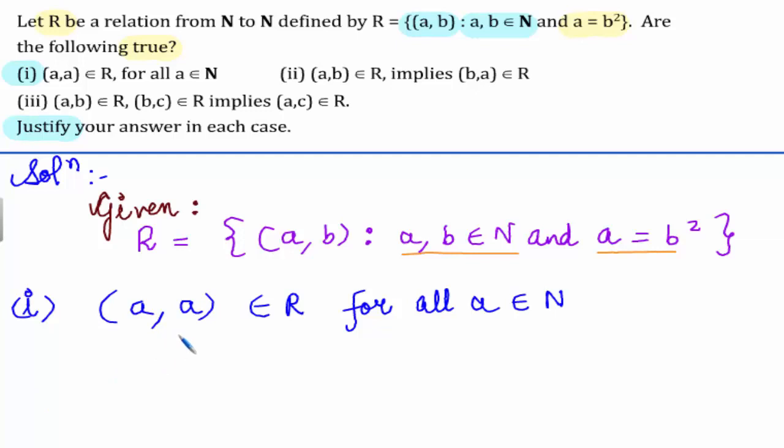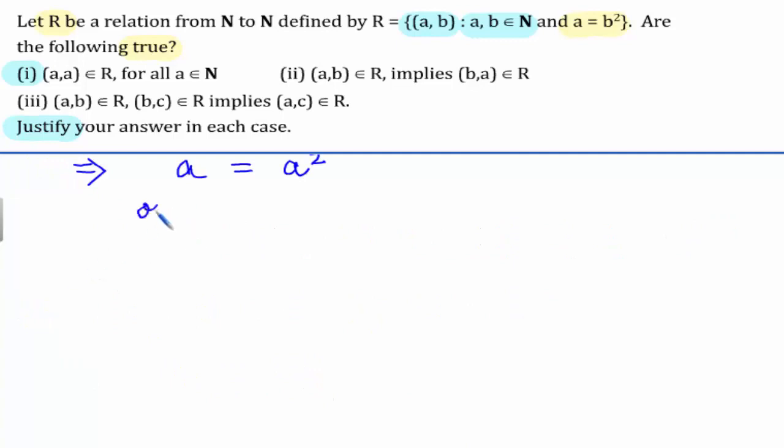Now, if (a, a) belongs to R for all a belonging to N, this implies that a is equal to a square, because we are given here that if (a, b) belongs to R, then a and b belong to N and a is equal to b square. So here we will have a is equal to a square. Or this can be written as a minus a square is equal to 0.